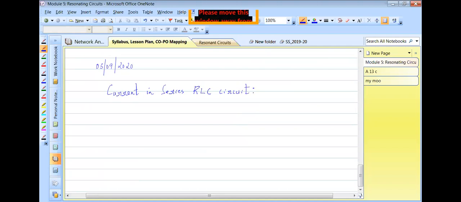You are also copying down all this. I've been going really slow because I want you people also to make notes of what we are doing here. So we have seen the resonating frequency. We have seen the reactances. Now we shall see the current in series RLC circuit.